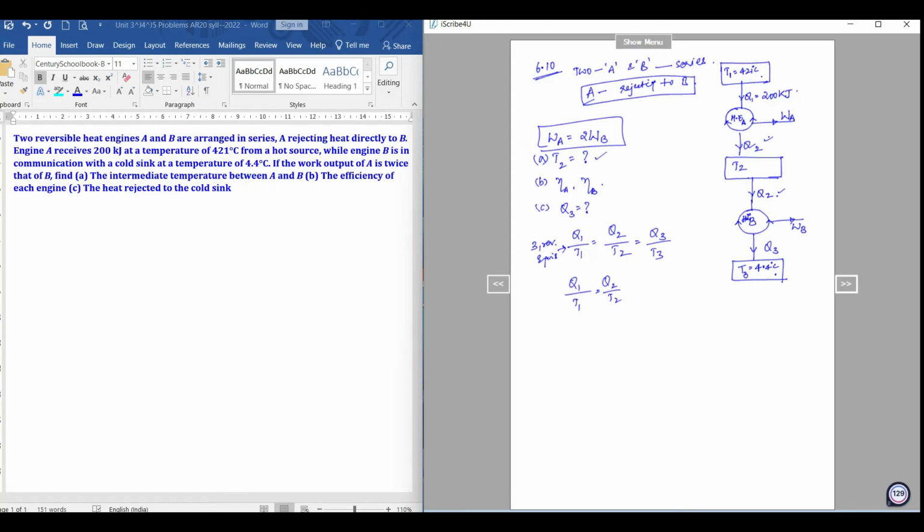First question, we have to calculate T2, right? So we know what is Q1, that is 200 kilojoules. It is given in the problem. T1 is given, that is 421 degrees centigrade. So T1 is 694 Kelvin. Similarly, the cold temperature is 277.4 Kelvin.